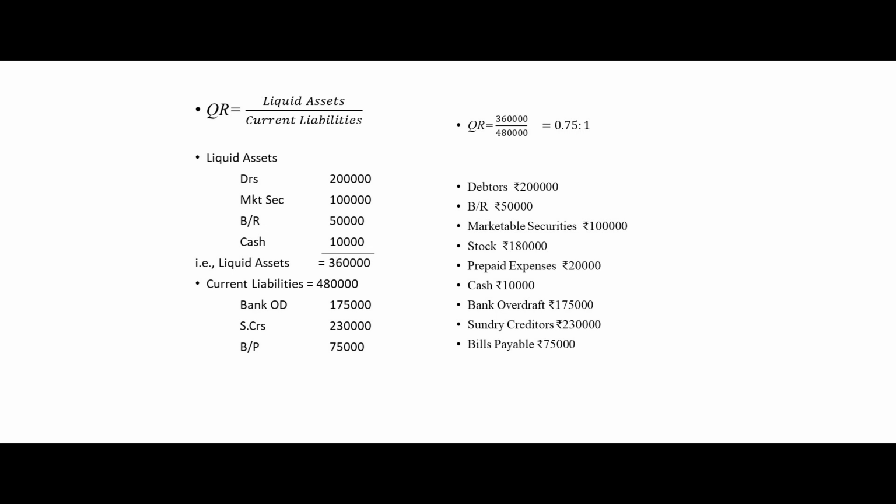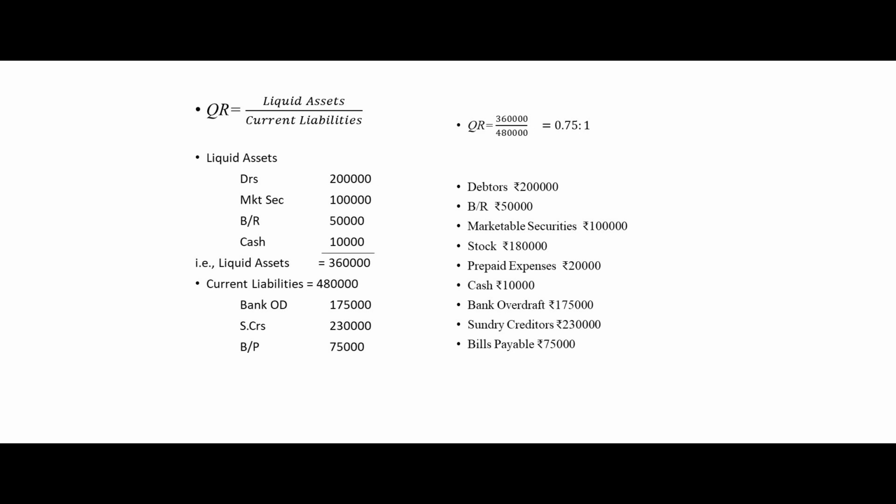We already calculated the value of current liabilities. Once again, I repeat: bank overdraft rupees 1,75,000, sundry creditors rupees 2,30,000, bills payable rupees 75,000. The total value of current liabilities is rupees 4,80,000.